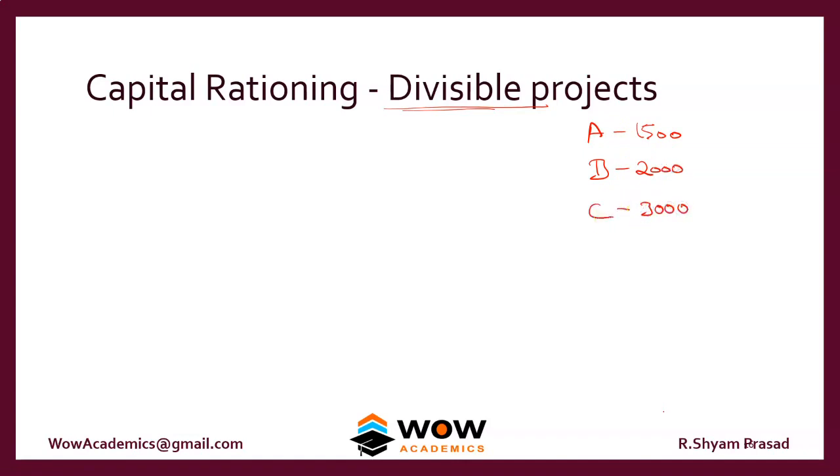These projects are divisible in nature. What is divisible? Divisible means you can also invest in a part of it. It's not that you have to invest 100% of your money. You can invest even 50% of your money, or even something like 10% of your money. So that is what is called a divisible project.